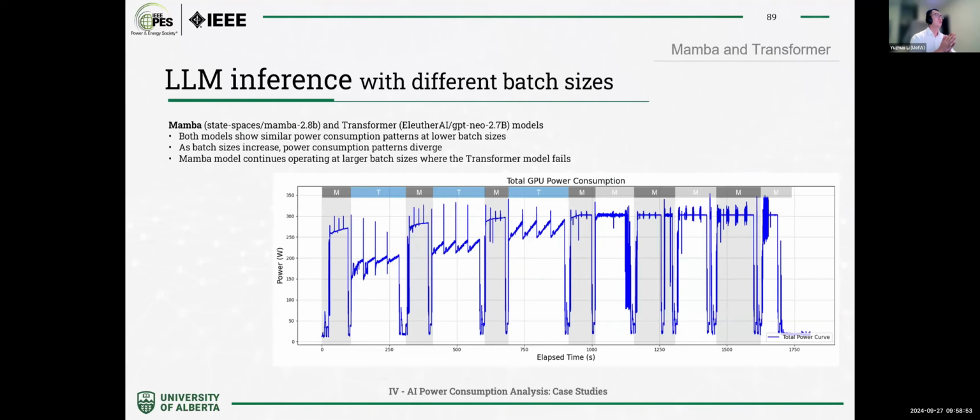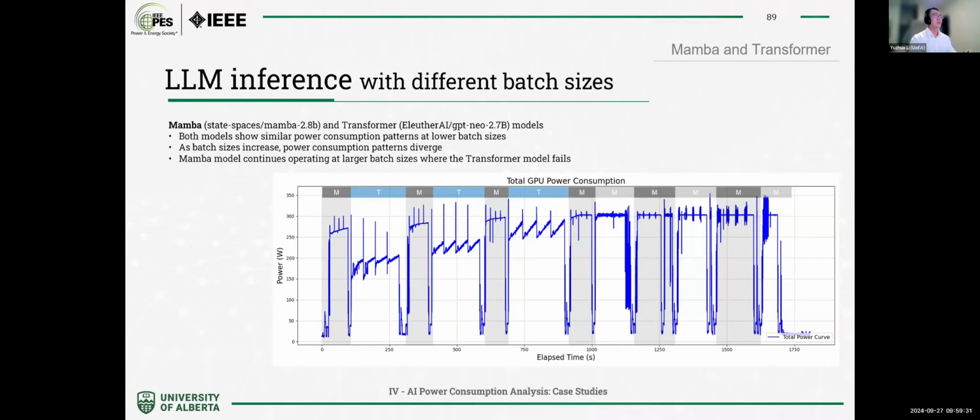And we have also done some other inference tests based on different batch sizes. These tests show 2 models running with different batch sizes. First is Mamba and the other is Transformer, a very typical one. With the increase of the batch size, the power consumption of Mamba, highlighted by the gray area, does not fluctuate or change too much.